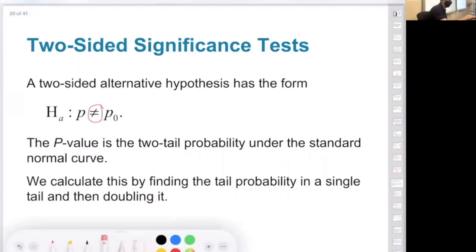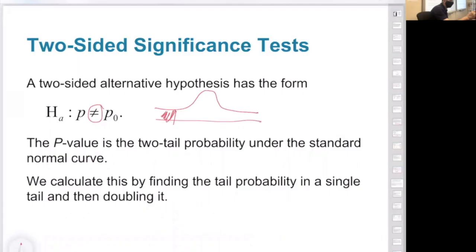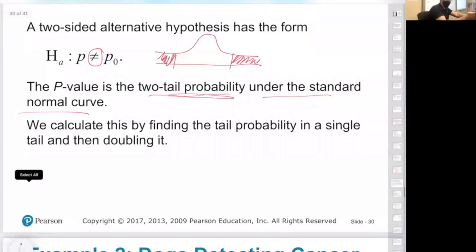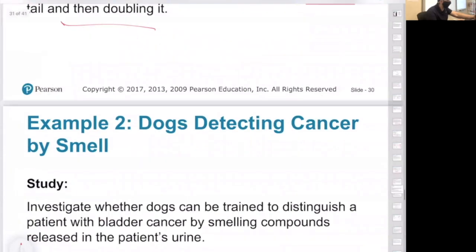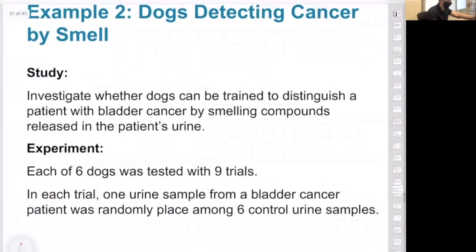That means when you calculate the p-value, you will use both tails. Very important with that. As you can see here, the p-value is the two-tail probability under the standard normal curve. Again, when we calculate the probability, you can find one of them and then double it, or multiply it by 2, as I showed you in the previous slide.